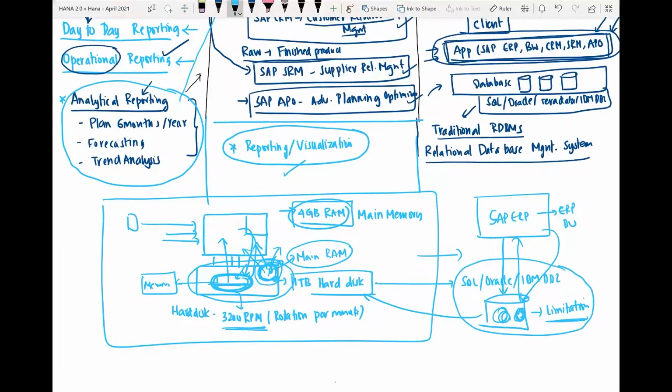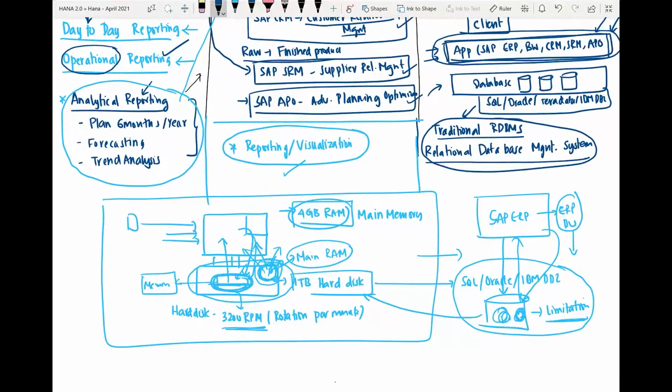If the entire organization's data could be located in your main memory, then the data retrieval becomes extremely fast. So the software can now be well supported by a main memory database. Much faster, right?